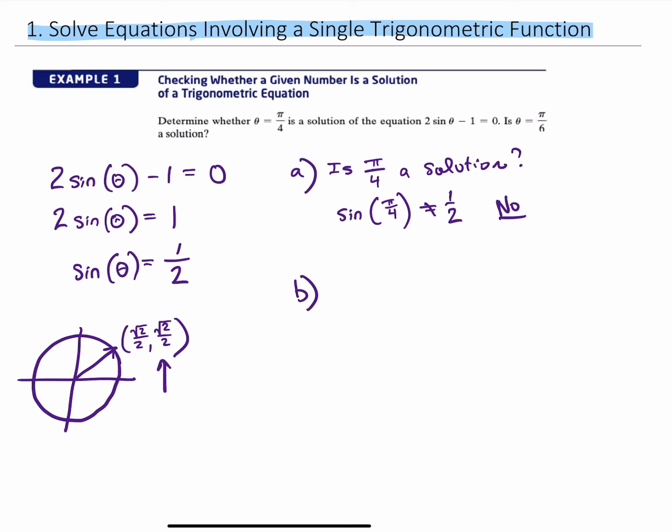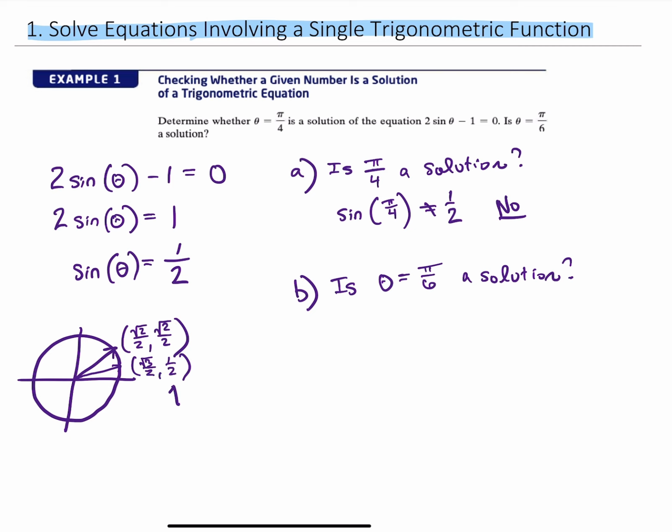Then it asks us, is pi over 6 a solution? Pi over 6 is lower in the first quadrant. That's 30 degrees. This has the coordinate point root 3 over 2, positive 1/2.